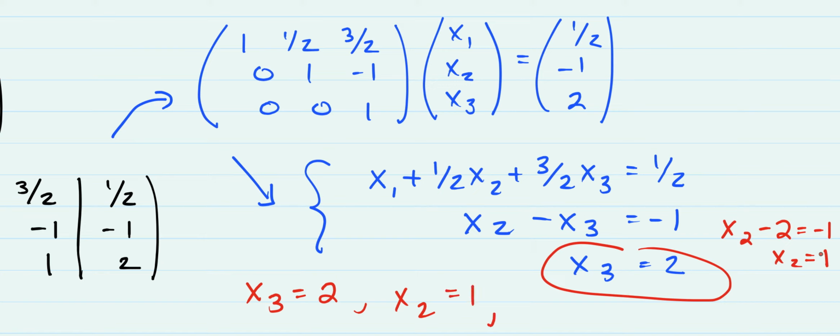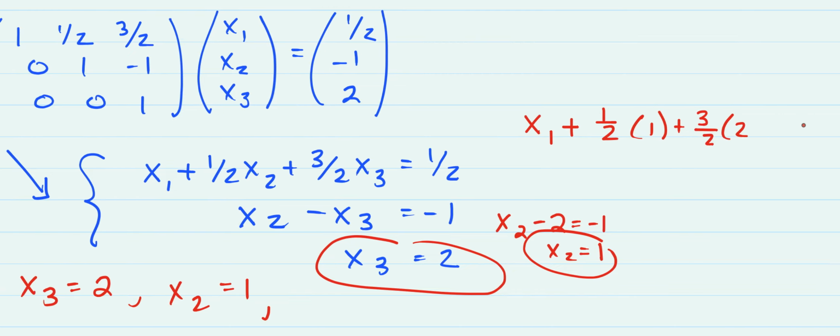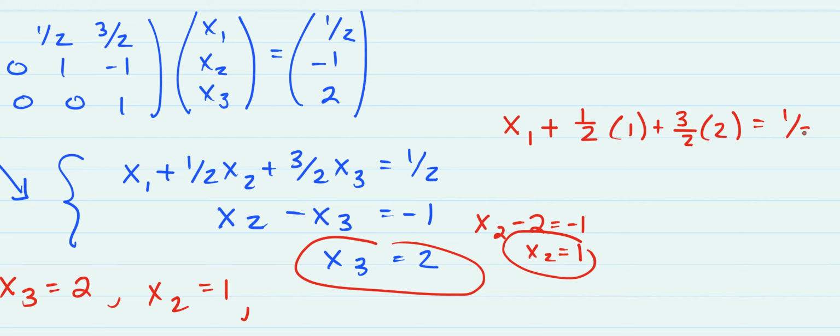And then for the last one, we just plug all that stuff into this first line here. So we have x1 plus 1/2 times 1 plus 3/2 times 2. That's equal to 1/2.